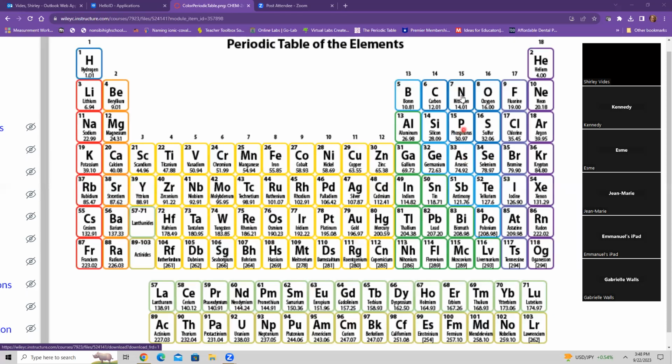This group is known as pnictogens. Then we have argon, which is over here. What is this name? Argon is in the noble gases. Yes, very good.